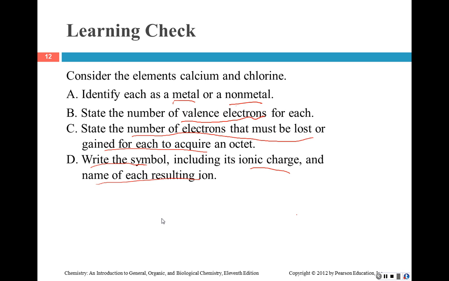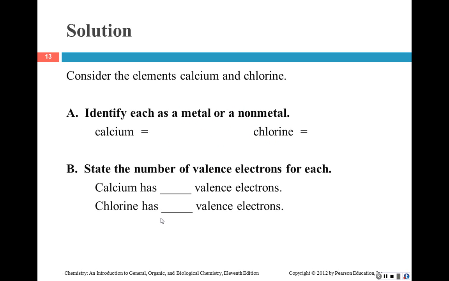Okay? So, first, what you need to do, and put it on hold and do this yourself, okay, is identify each as a metal or a nonmetal. And how do you do that? You look at your periodic table. If it's to the left of that zigzag line, it's going to be a metal.